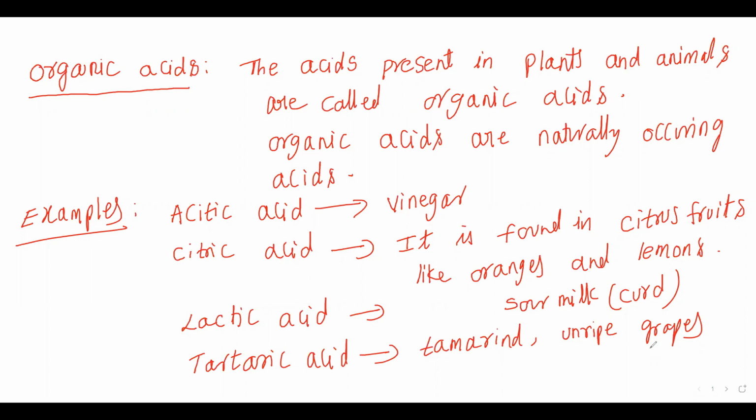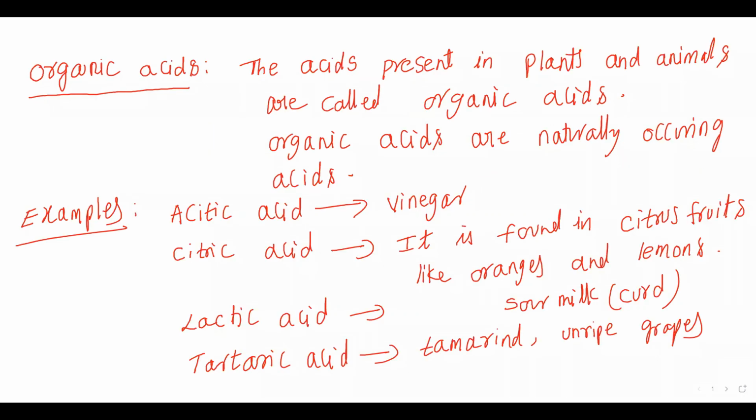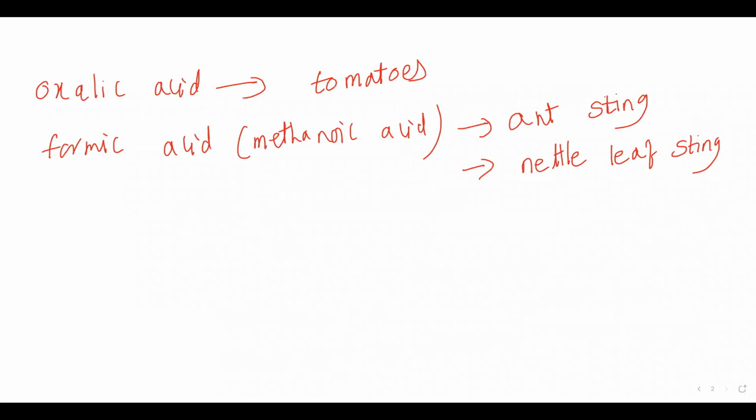We can get these acids from plants or animals. Formic acid or methanoic acid is found in ant sting or nettle leaf sting.